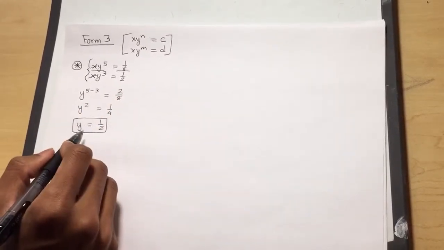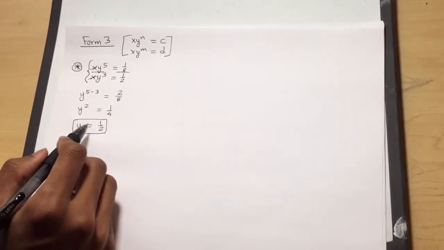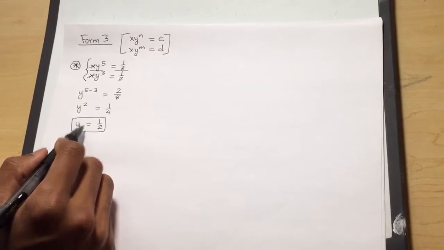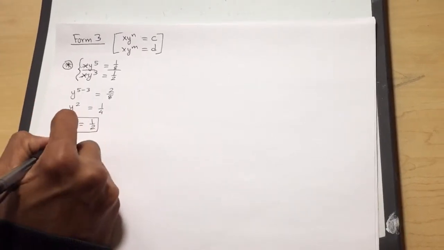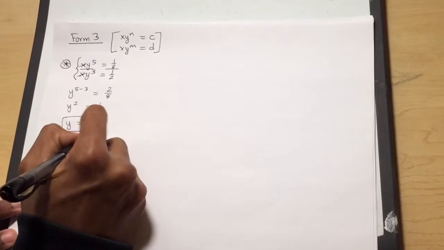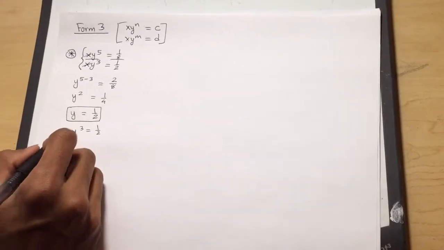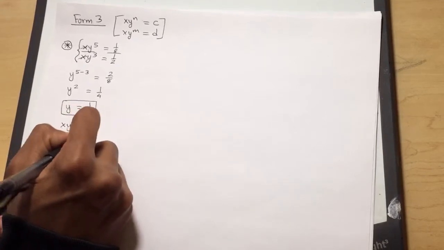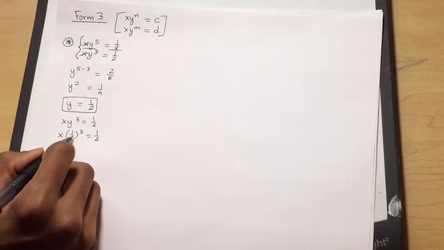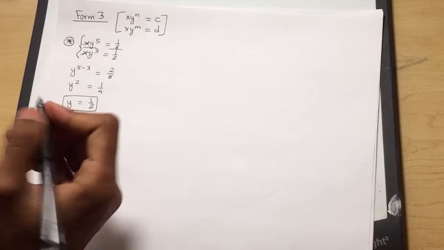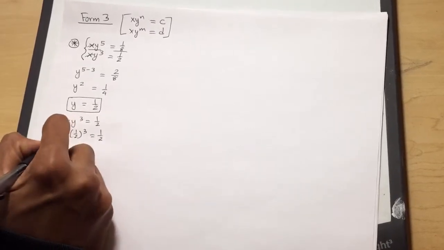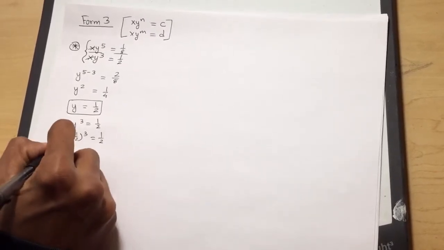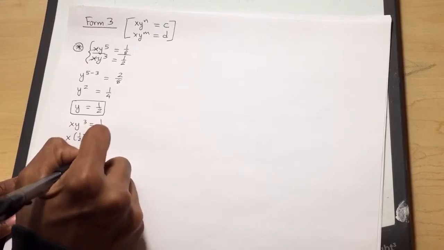Now that I know what y is, I can find out x as well. I'm going to plug y back into this equation, which is xy cubed equals 1 over 2. So y is half, so x times 1 over 2 cubed equals 1 over 2. 1 over 2 cubed would be 1/8. So 1/8 x equals 1 over 2.